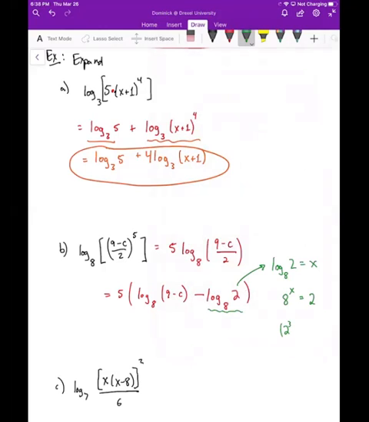So if we write both sides with the power of 2, we get 2 to the 3x is equal to 2. And since this is 1, we get 3x is equal to 1. So x is 1/3. So we can actually plug in a 1/3 in for this part here. So finally, we get 5 log base 8 of 9 minus c minus 1/3.